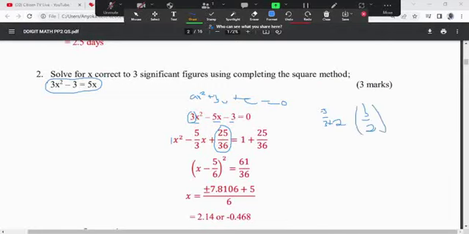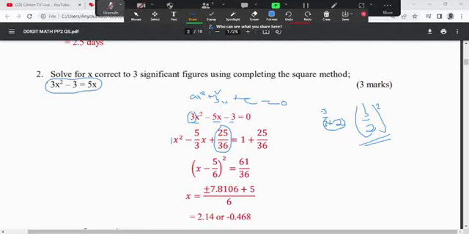We add b over 2 squared both sides. In the process of completing the square, we add b over 2, the coefficient of that, both sides. So b over 2 is 5 over 6, and 5 over 6 squared is 25 over 36.